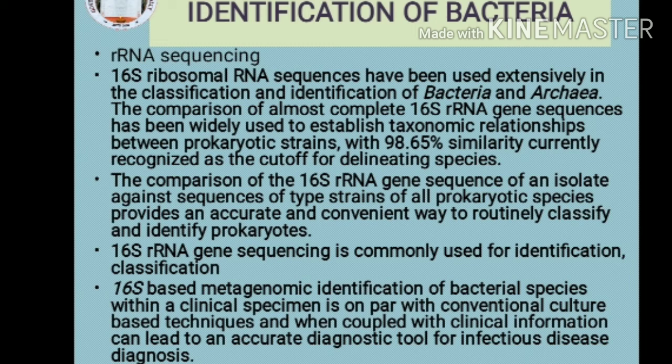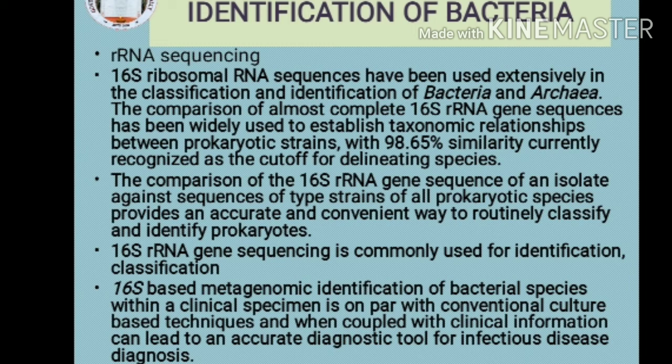The comparison of the 16S ribosomal RNA gene sequence of an isolate against sequences of type strains of all prokaryotic species provides an accurate and convenient method to routinely classify and identify prokaryotes.